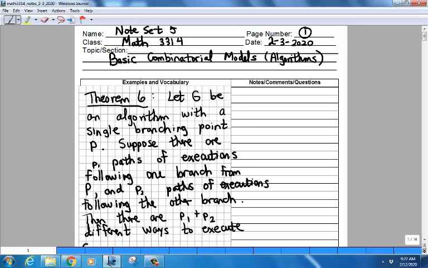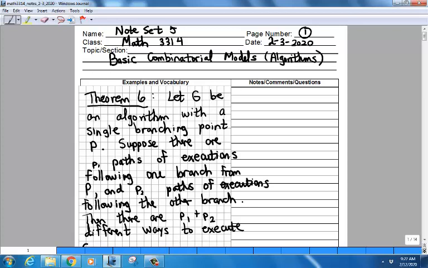Suppose you have an algorithm, a program that has a branching point, and suppose there are P1 paths of execution following one branch from P. I'm pretending there's just two branches, but there could be multiple branches, in which case you can just extend this to multiple cases. And P2 paths of execution following the other branch, okay?